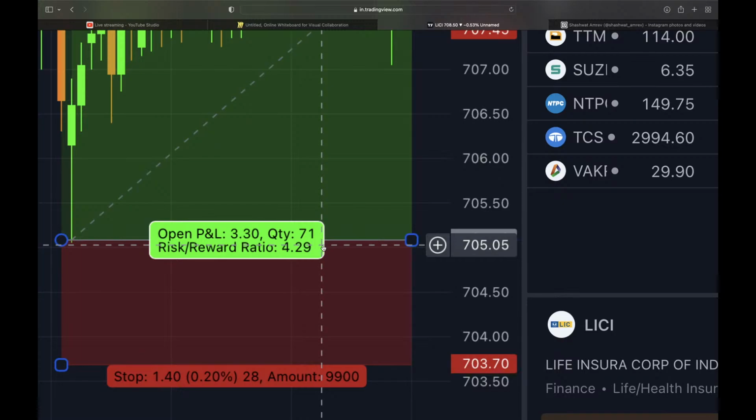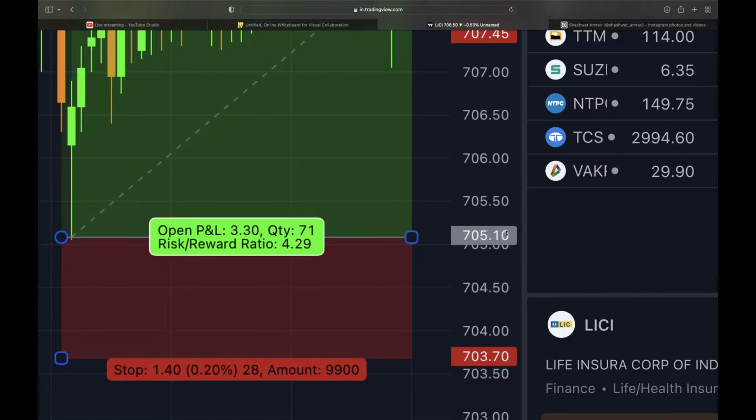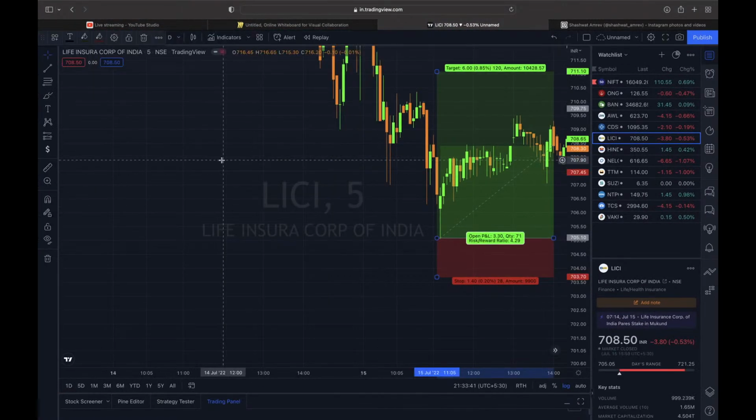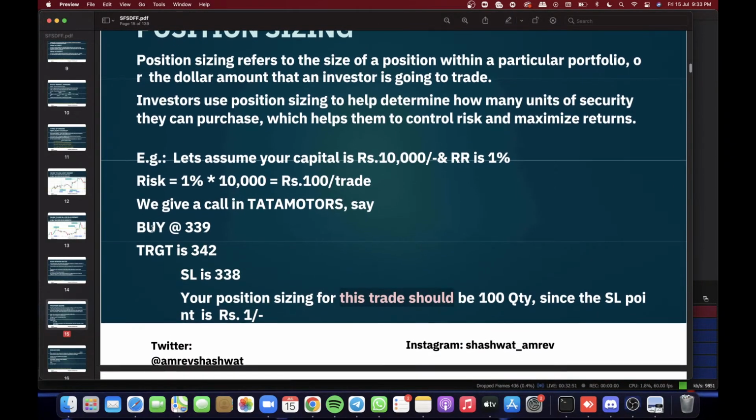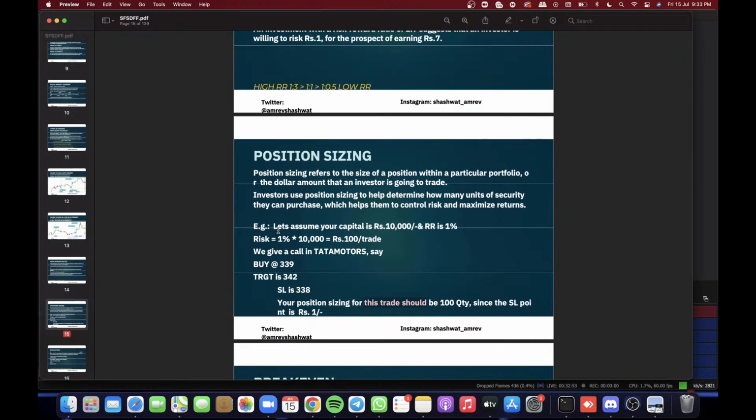Abhishek. Guys, if you can understand this, please write yes. Okay, thank you. So this was the concept of how to know how many shares to buy. Even the PDF will be there.